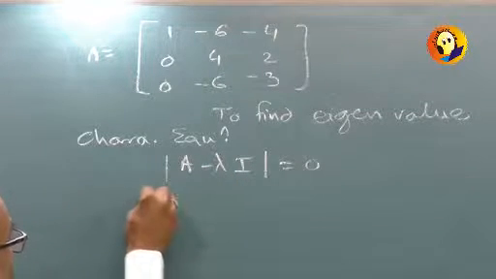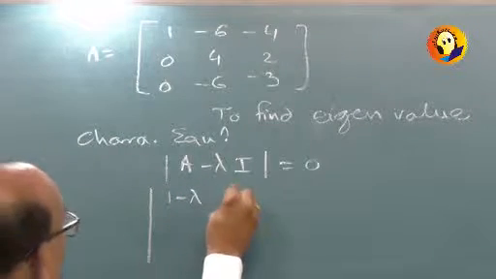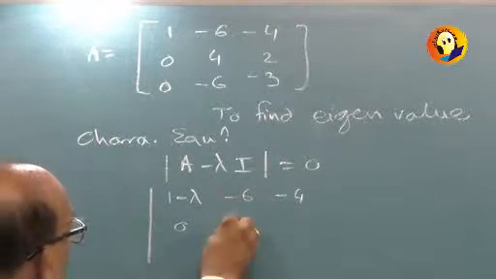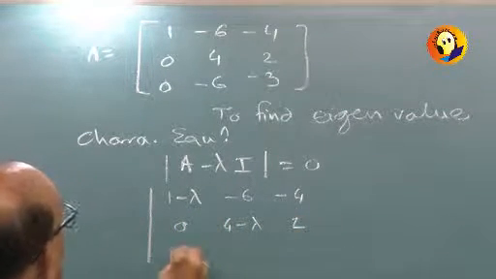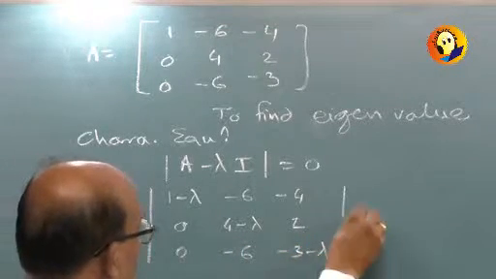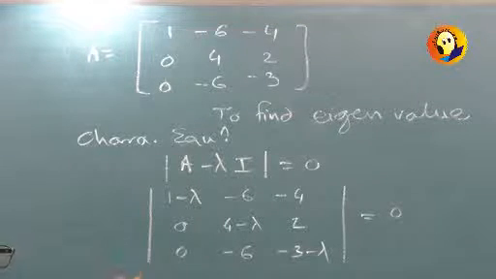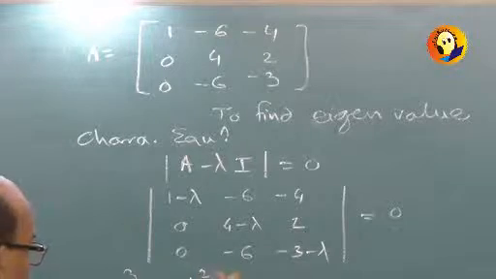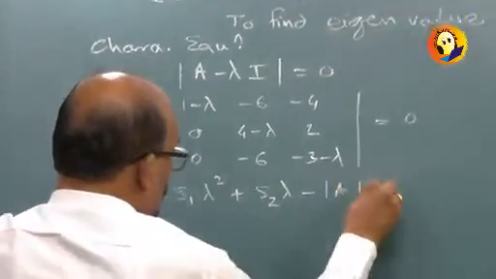When you subtract it from A, only the diagonal elements will get subtracted, the rest of the elements will remain as they are, and we are required to form the determinant of it, which will result in the cubic equation in lambda. And for that we have the equation as lambda cube minus S1 lambda square plus S2 lambda minus mod A equal to 0.